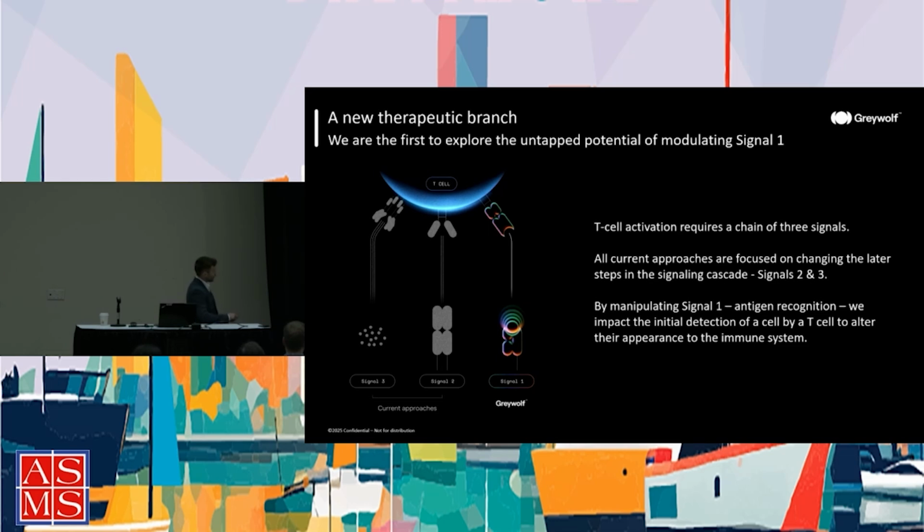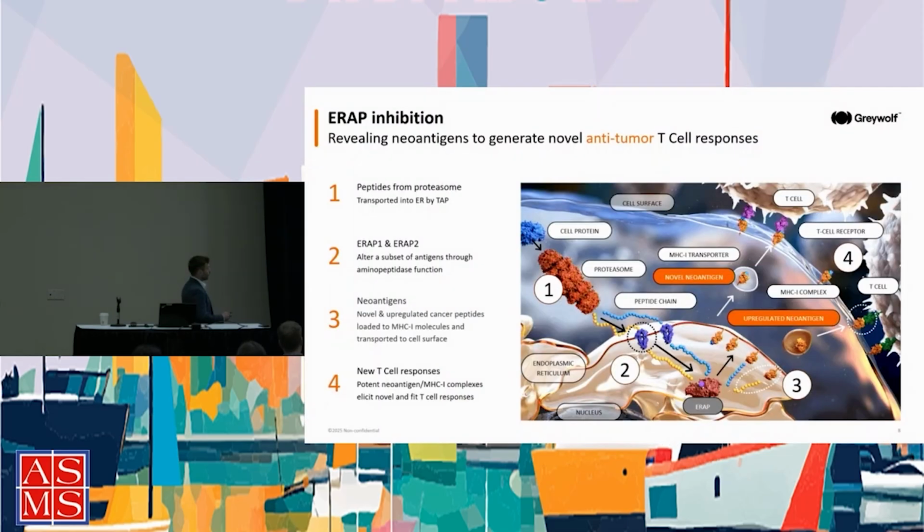But our approach really is centric around antigen modulation. So we believe by changing the antigen presentation on the cell surface, you can change the appearance of that cell to the immune system. And we do this, as I said, by targeting 2 enzymes, so ERAP1 and ERAP2.